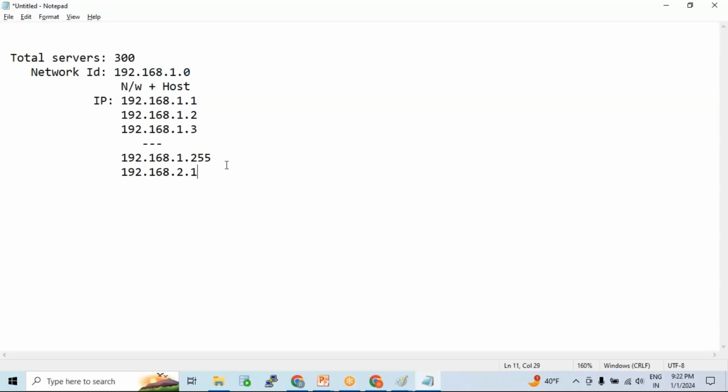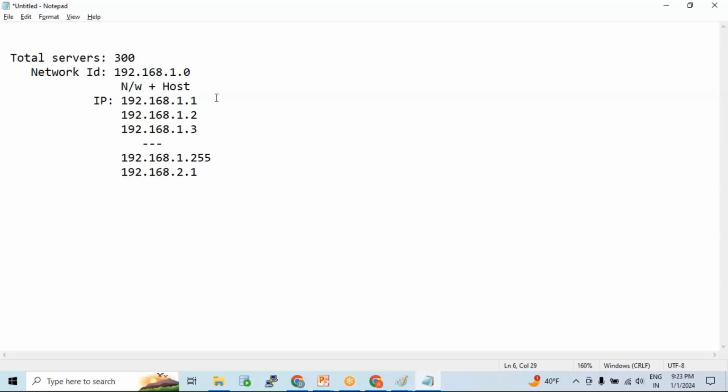So then, can I keep all 300 IPs in the same network in this scenario? I can't. The network ID that I have considered here helps me generate only 255 IPs that I can assign. I cannot generate 300 IPs by using this network ID, correct? That means the network ID that I have considered here is maybe a wrong choice.